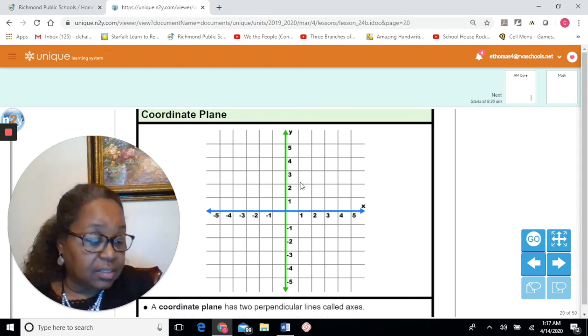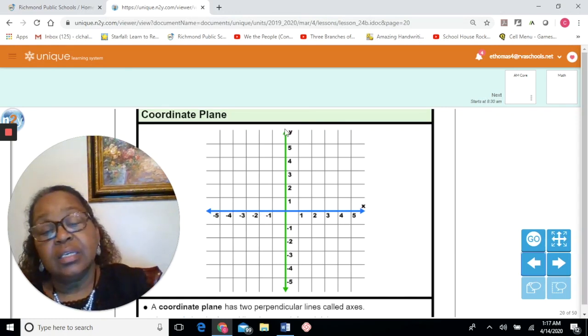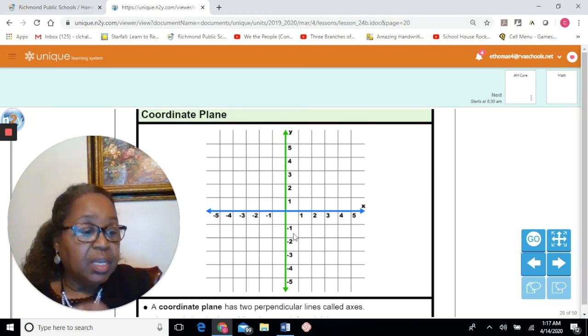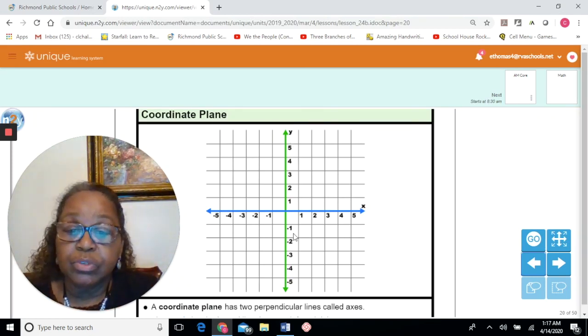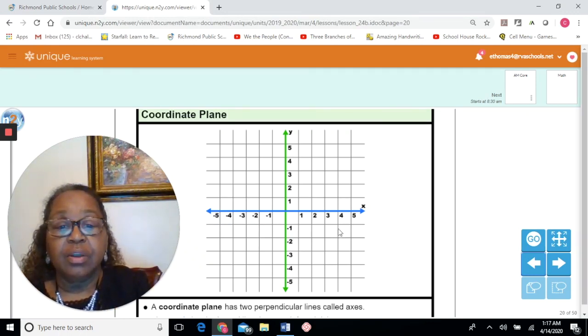The x-axis is a horizontal line that runs left and right, and the y-axis is a vertical line going up and down. Each axis has numbers on it, negative numbers and positive numbers.